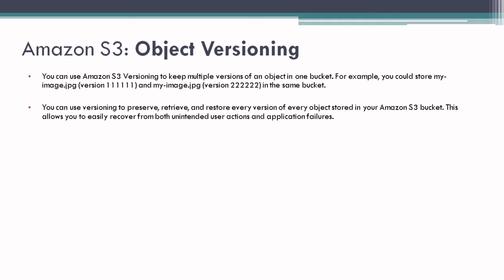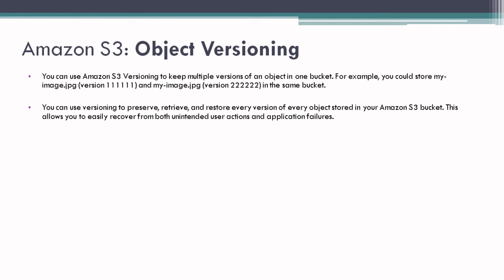You can preserve, retrieve and restore your objects, your documents, in the same S3 bucket. It will protect from unintended user actions or application failure. So it may prevent accidental deletion and accidental overwriting of your objects, your files, your documents.